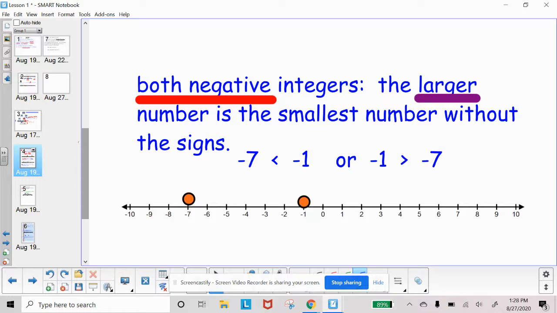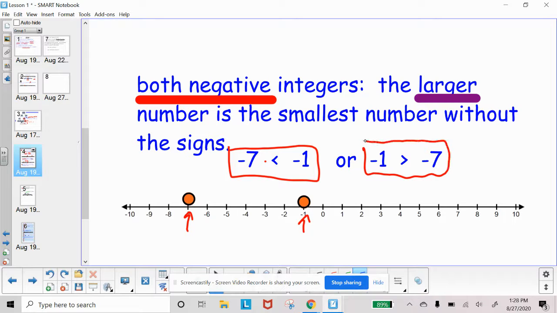If I have -7 here and -1 here, -7 is less than -1 because it's farther to the left. So this says -7 is less than -1. Or I can say that -1 is greater than -7. So be very careful with those greater than or less than symbols.